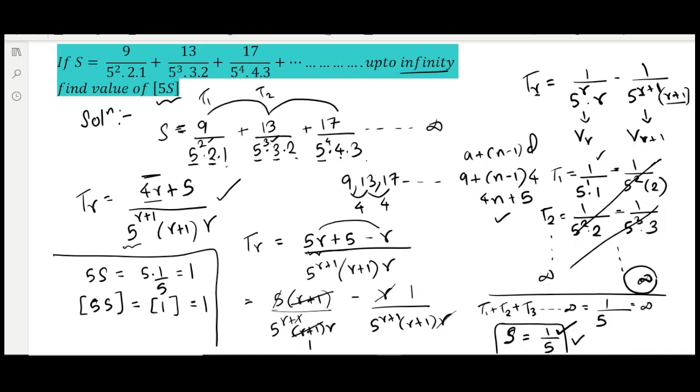If you write in mathematical terms, s is not 1 by 5, s is 1 by 5 minus something, something lesser than 1 by 5. So 5 into (1 by 5 minus) will be 1 minus, something lesser than 1, then the answer will be 0.